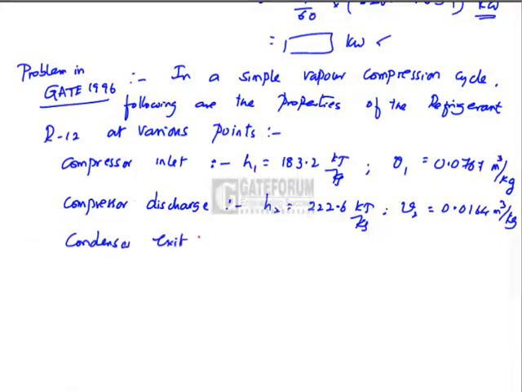Condenser exit, that is H3, is 84.9 kilojoule per kg. V3 is 0.000083 meter cube per kg.